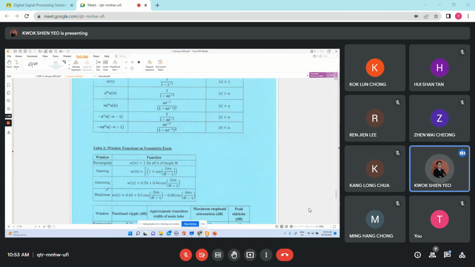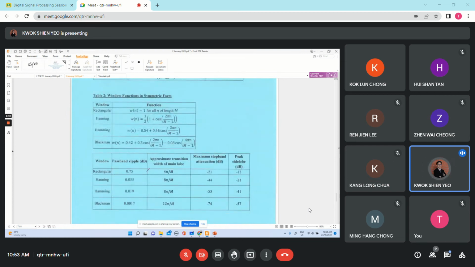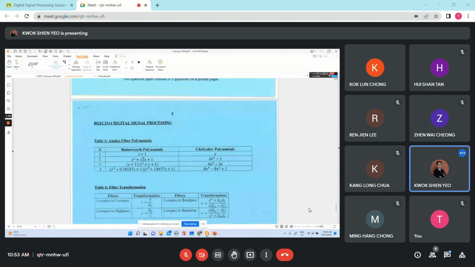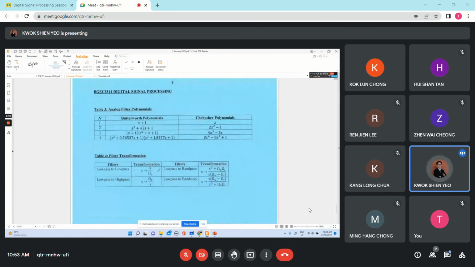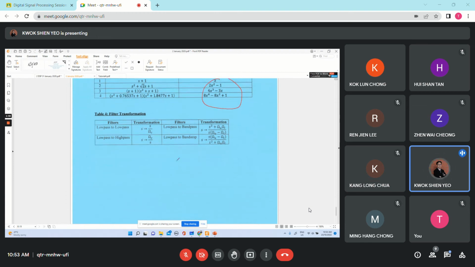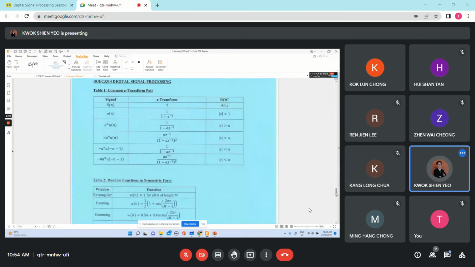I give you 4 windows also, and this is the window selection criteria. Butterworth, Chebyshev, I give you the Chebyshev polynomial too. This is filter transformations. That's enough for you to do the task here.